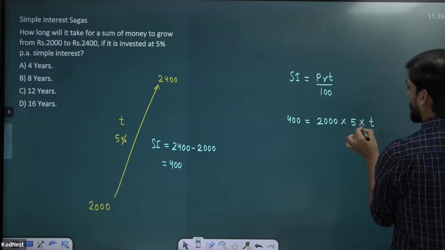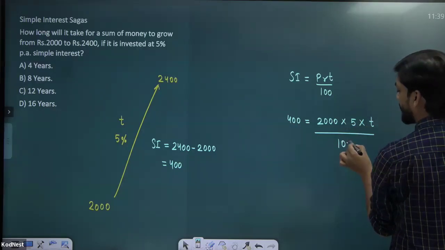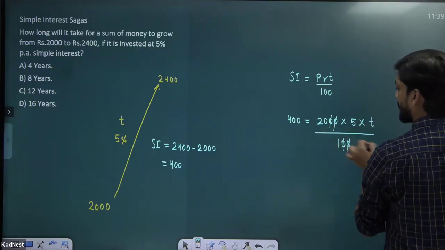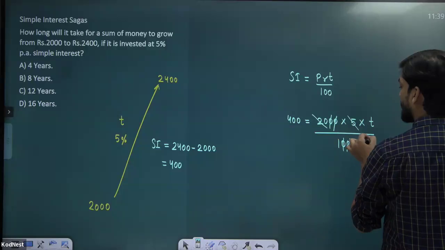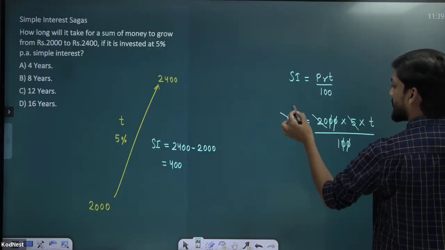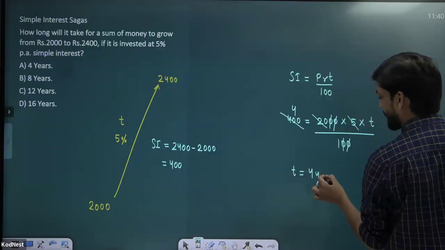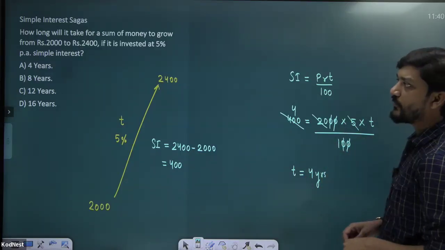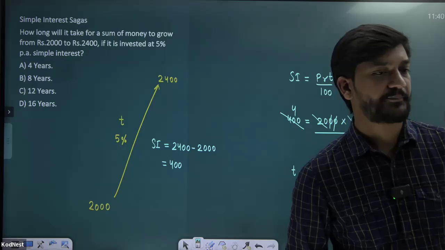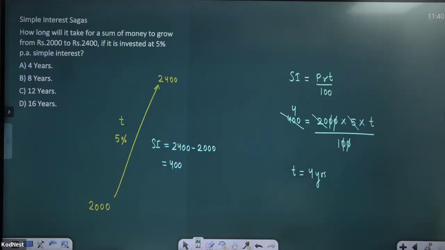Time is unknown. Divide by 100. Okay. 20 into 5 is 100. So 100 will cancel out this to give you 4. Time is 4 years. All of you got 4 years. Please confirm this.